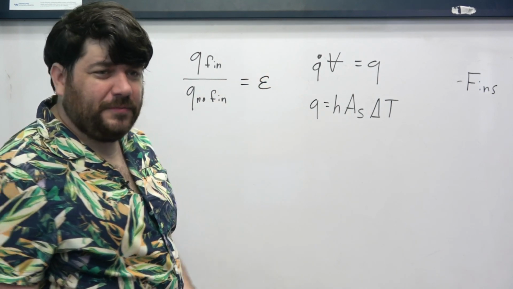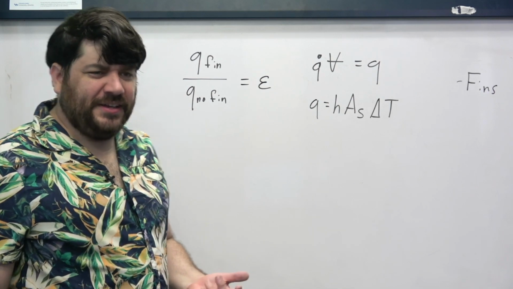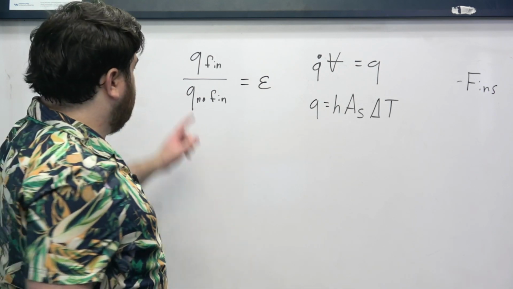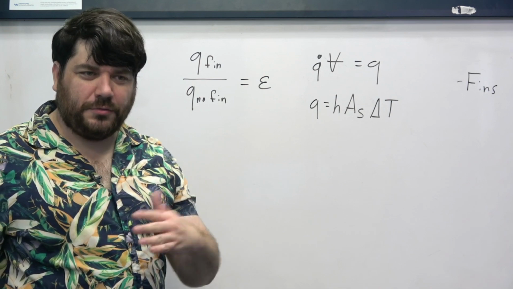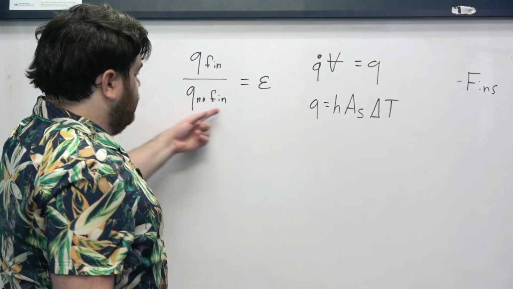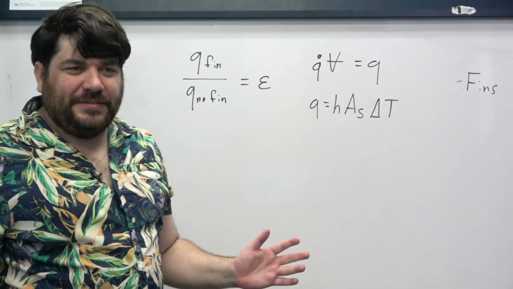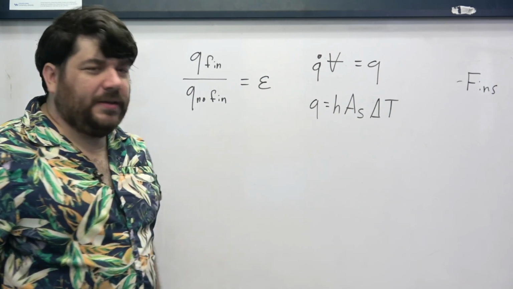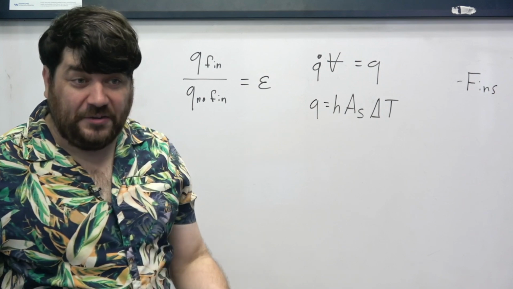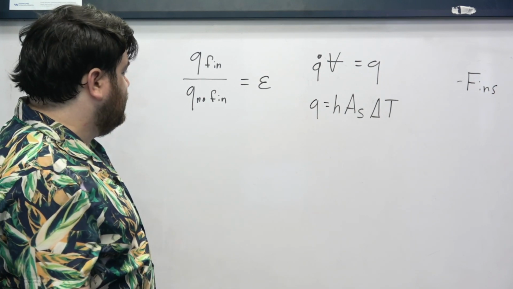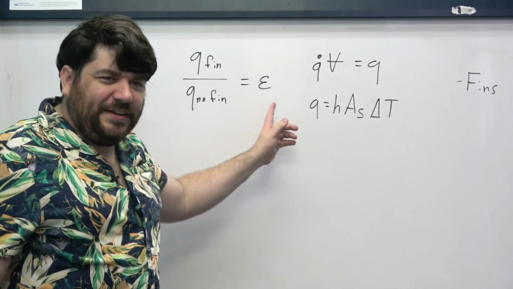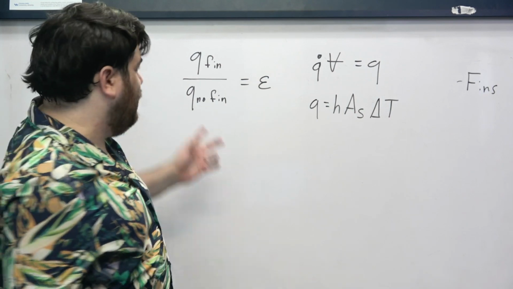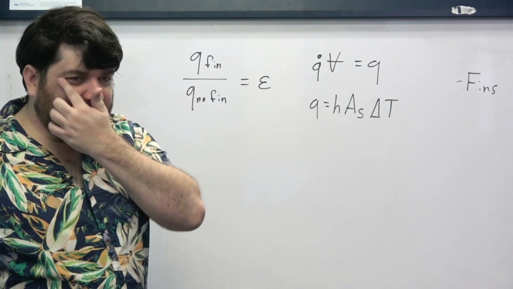It's a unitless number, right? Because it's the ratio of heat transfer rates. And like I said, all it is is the ratio of the heat transfer that's happening through the finned system to the heat transfer rate that's happening in the base, not finned, system. And so the higher this number, the better. Although technically speaking, this number can't be infinitely high, right? That would imply that this has to be infinitely large.